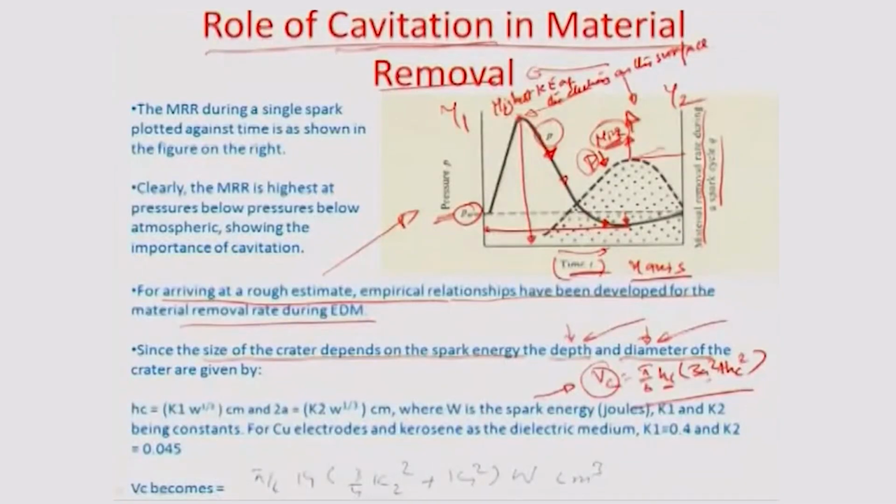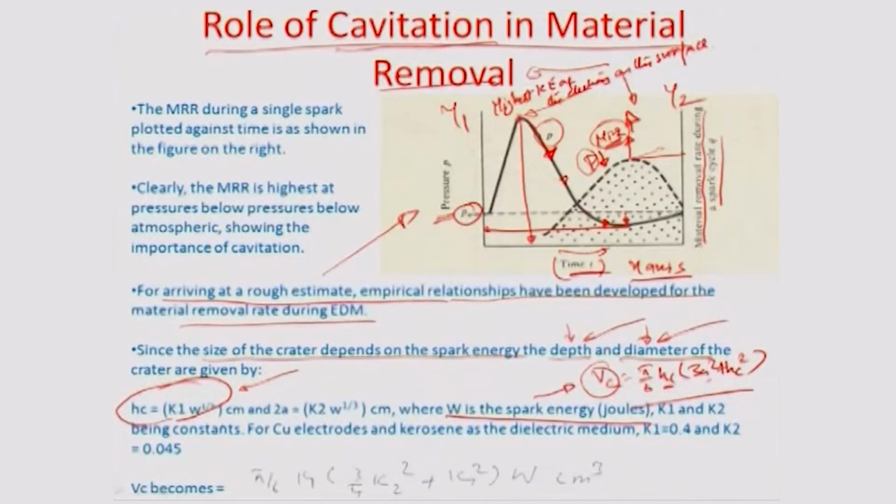If I say W is the spark energy in joules, empirically it has been found that this Hc, the depth of the crater, varies as W to the power of 1 by 3. So it is the cube root of W with which Hc, the depth of the crater, is proportional.